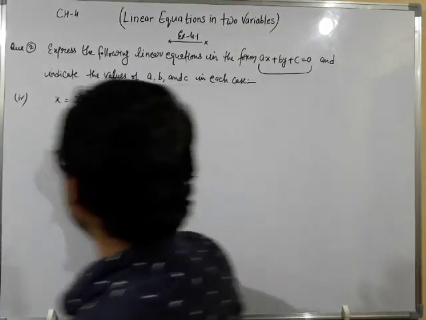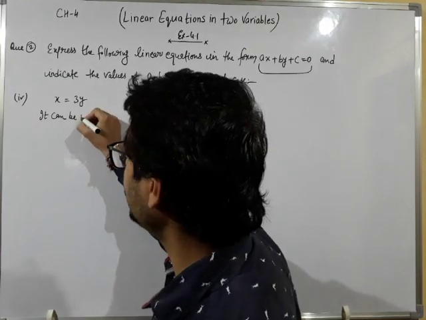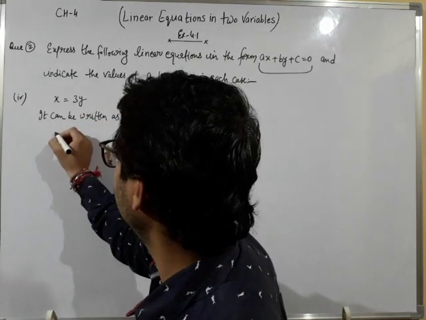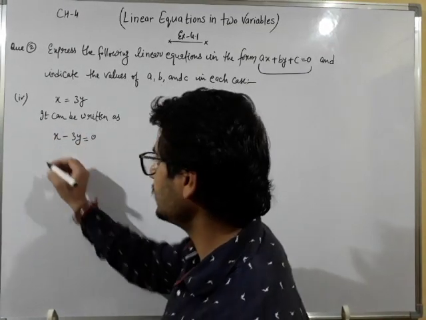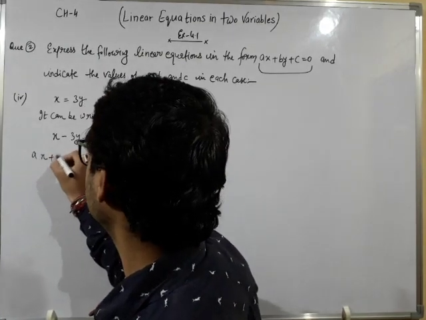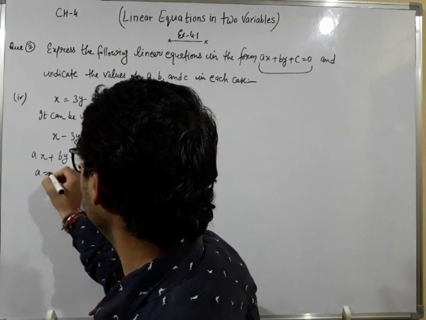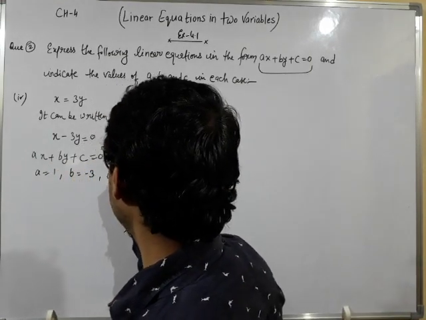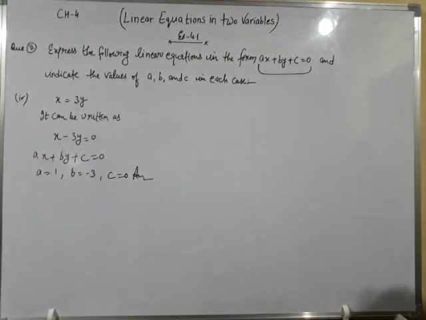So it can be written as x minus 3y is equal to 0. Now compare it with ax plus by plus c is equal to 0. We get a is equal to 1, b is equal to minus 3 and c is equal to 0, because there is no constant term in the given equation.